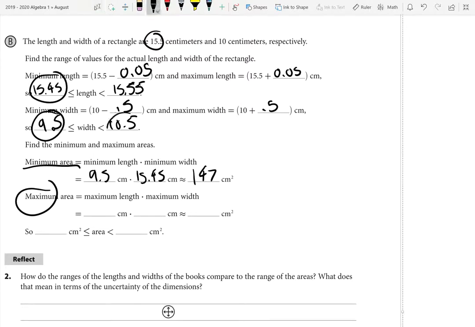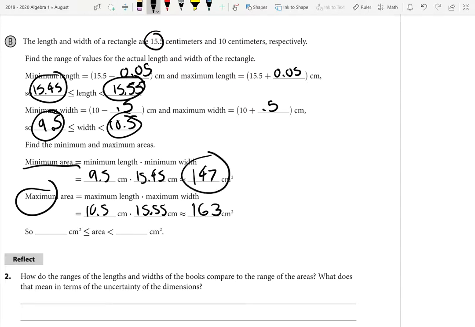So that'll be 10.5 and 15.55. So 10.5 times 15.55, and that'll be our maximum area, which will be 163 centimeters squared. Remember, you're just multiplying those together. So our area is anywhere between 147 and 163.